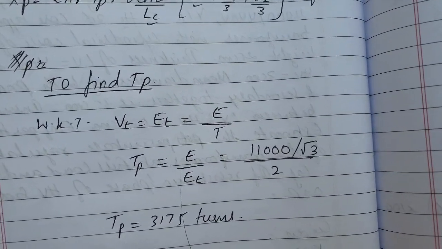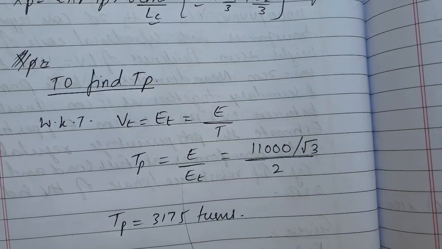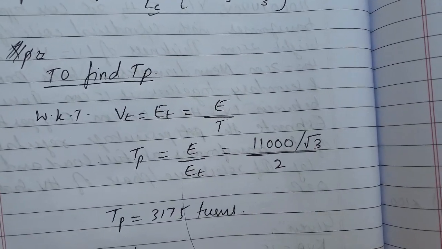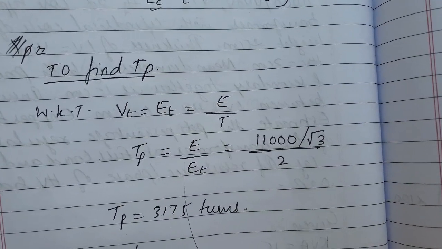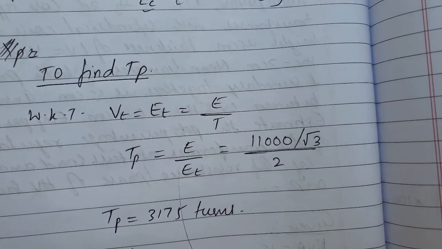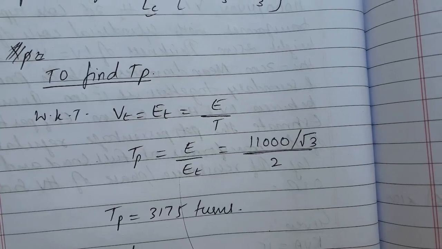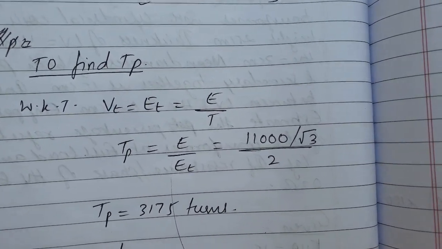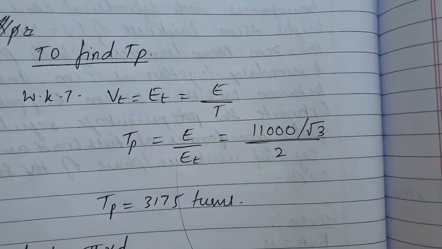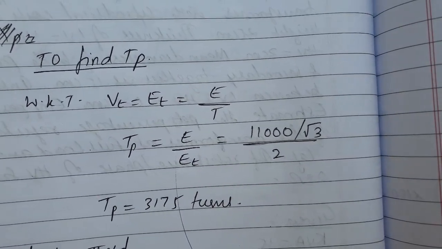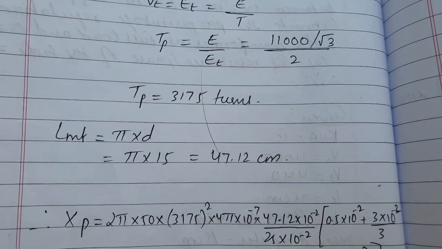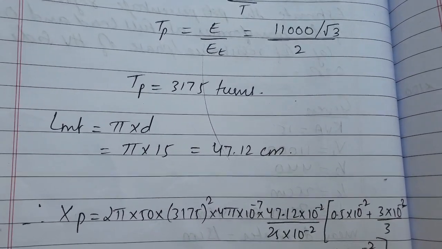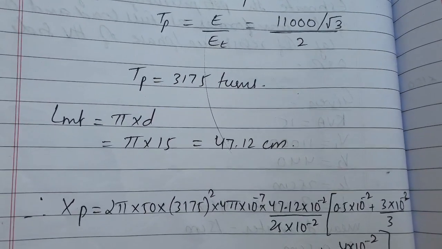So it is given your primary voltage is 11,000, and here I am dividing it by root 3 because it is star connected in the primary. We have to write all the values in phase. And voltage per turn is given as 2, so I am substituting the value. So the total number of primary turns are 3175.